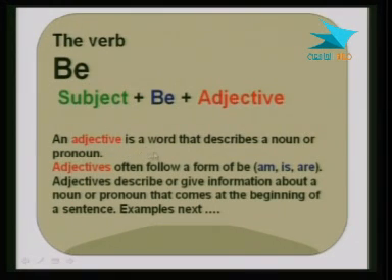And adjectives often follow a form of be: am, is, or are. And of course, that depends on the subject. Adjectives describe or give information about a noun or pronoun that comes at the beginning of a sentence.